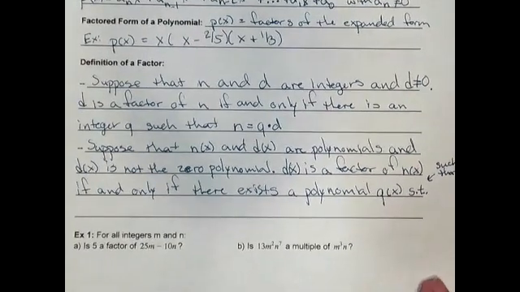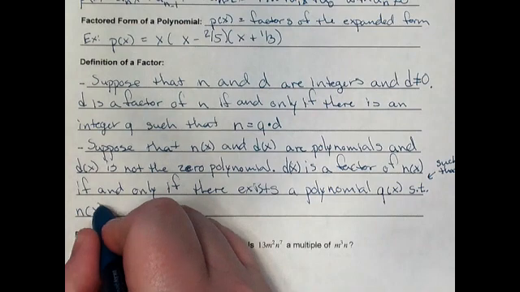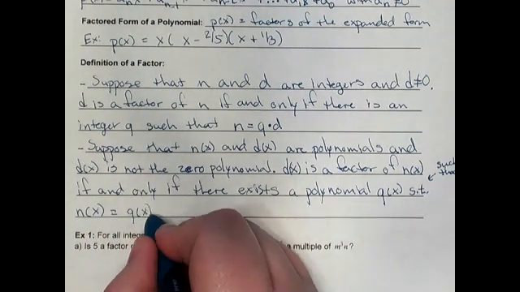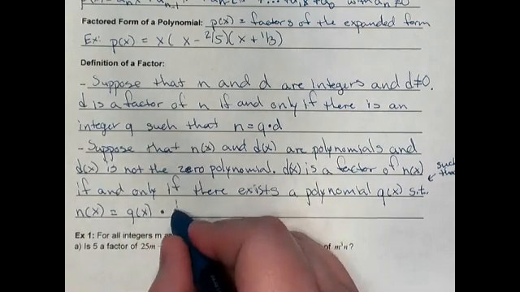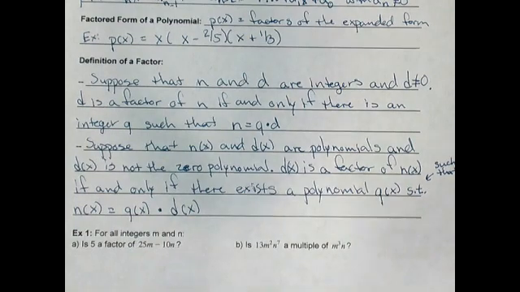So there exists a polynomial q such that n of x is equal to q of x times d of x. So n of x is equal to the product of q of x and d of x.